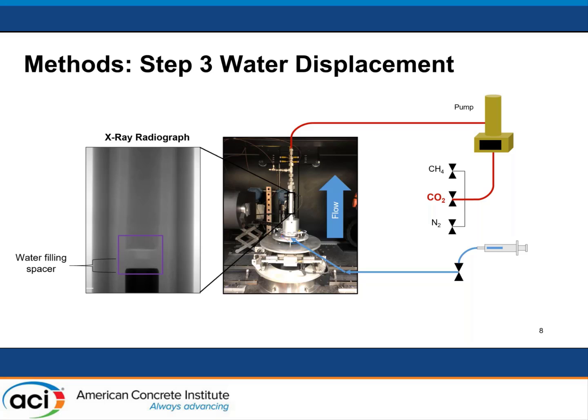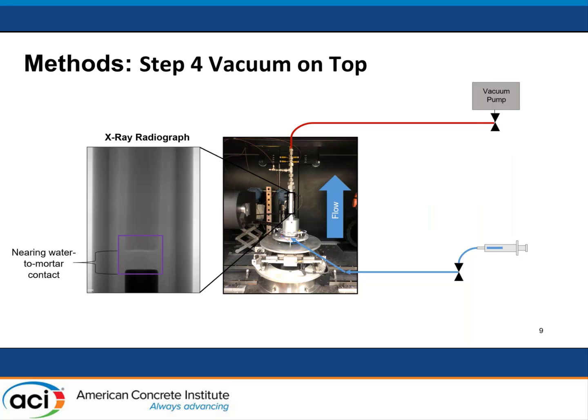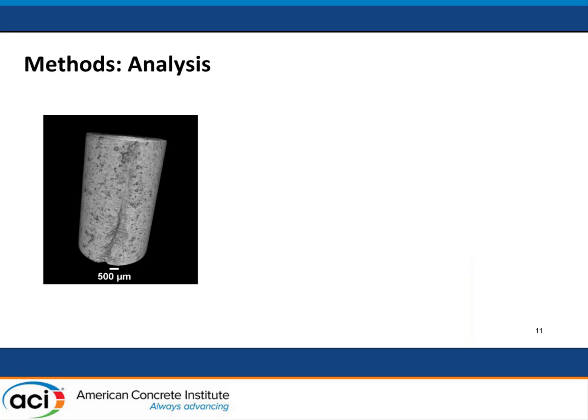That would be a pressure gradient, which is not what we wanted. So once we almost filled that system, we then put a vacuum pump just to bring the water very slowly into contact with the sample. Once there was contact, we cut it off and let the capillary action take over, and we started CT scanning.